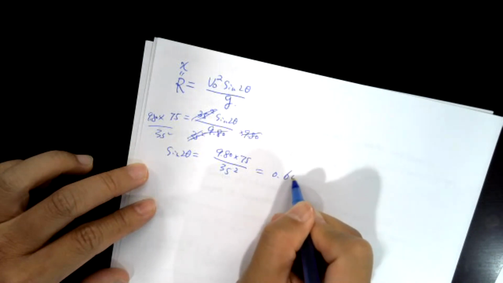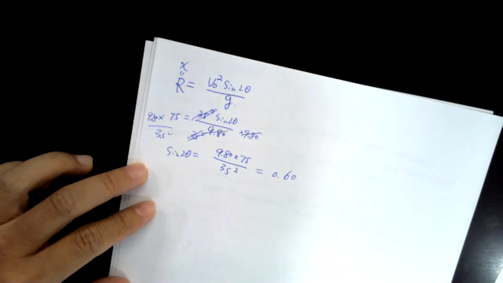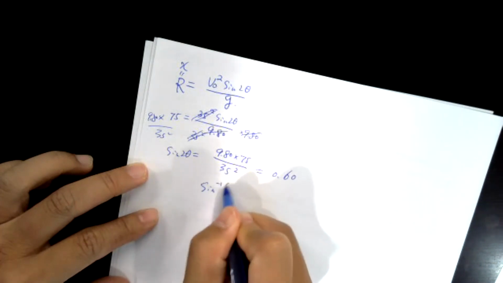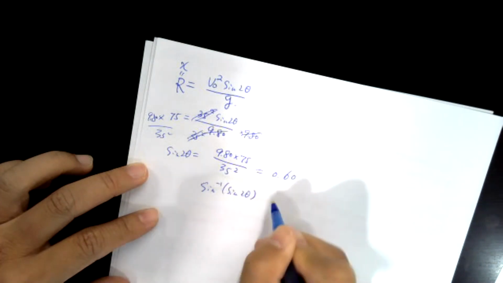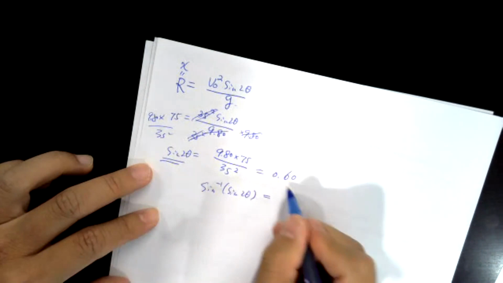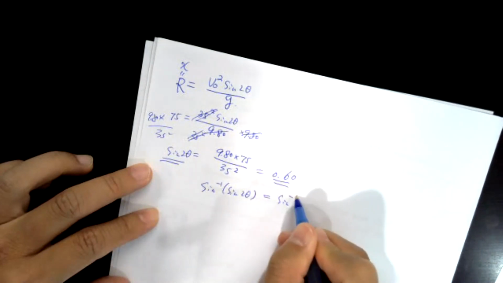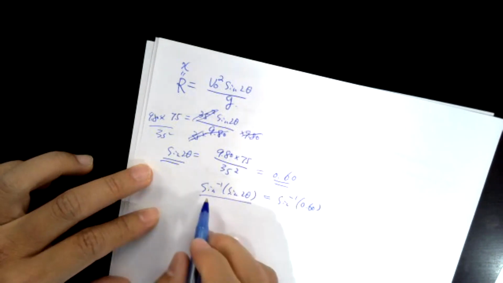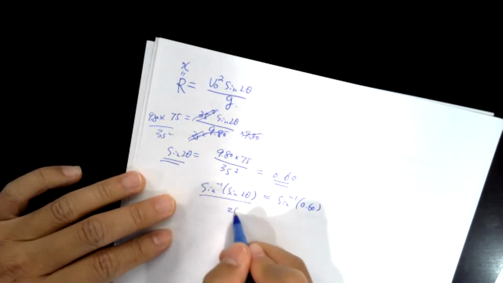This would again be 0.6 roughly. Then you do sine inverse of sine 2 theta on this side, and sine inverse of 0.6 on the other side. On the left hand side, sine inverse of sine gives you 2 theta.